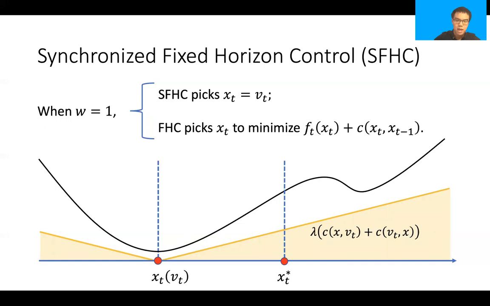In contrast, SFHC picks x_t to minimize the sum of the hitting cost and the movement cost at the current time step. It turns out that, however, this stepwise greedy approach does not provide a constant competitive ratio.